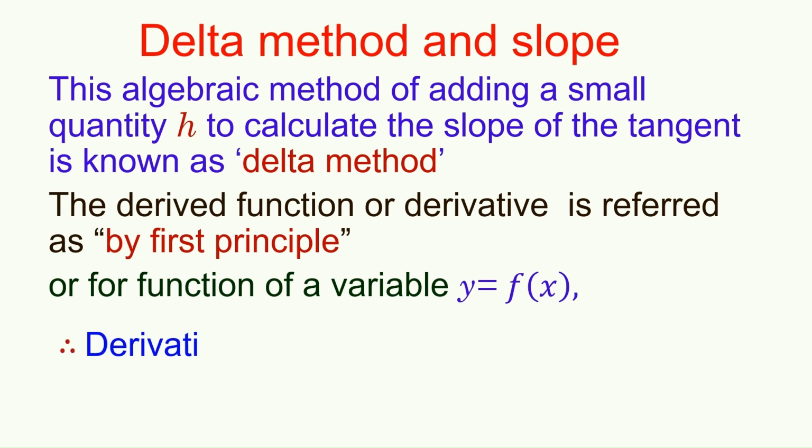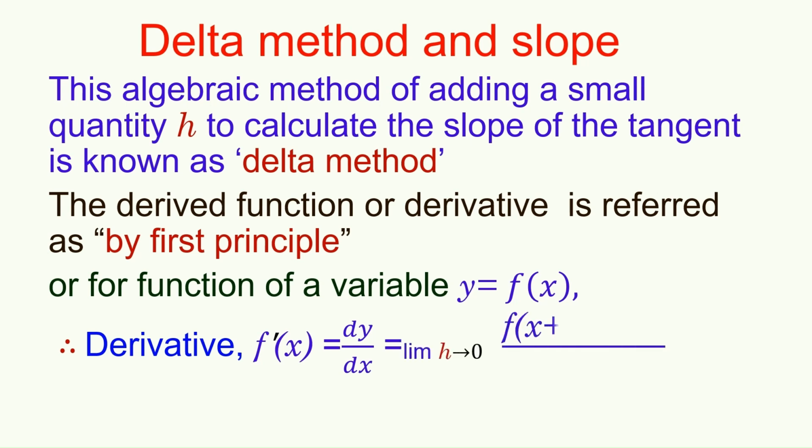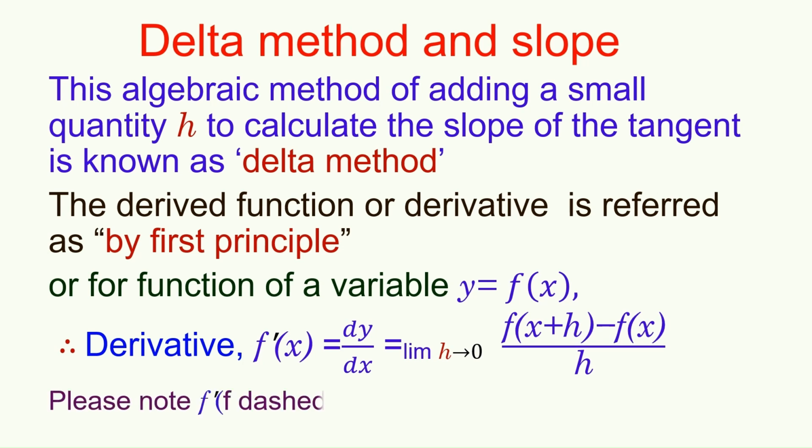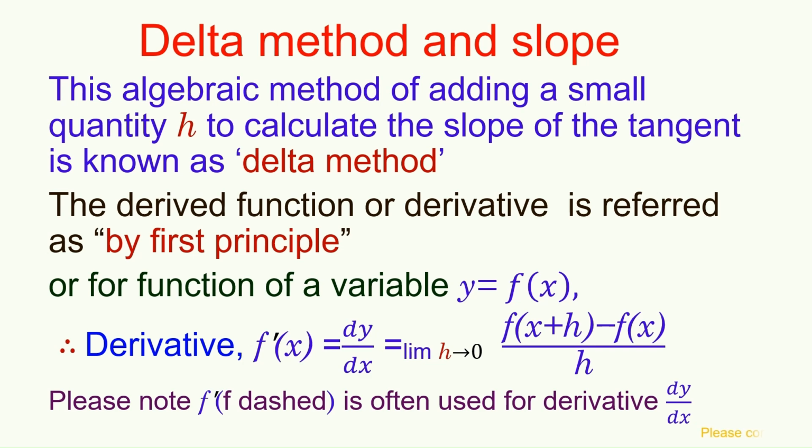Therefore derivative f dash of x equals dy/dx equals limit h tends to 0, (f of x plus h minus f of x) whole divided by h. Please note, f dash is often used for derivative dy/dx.